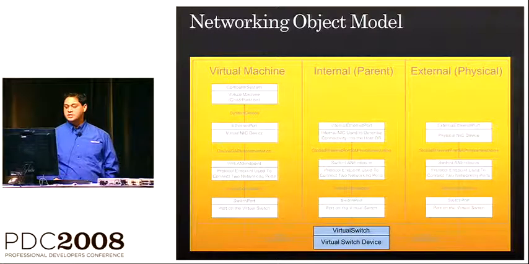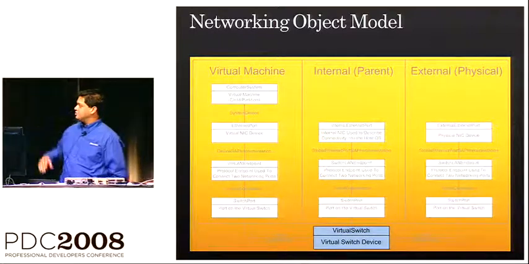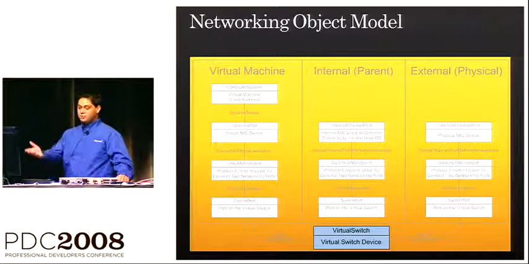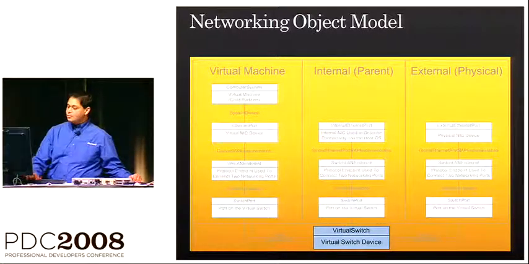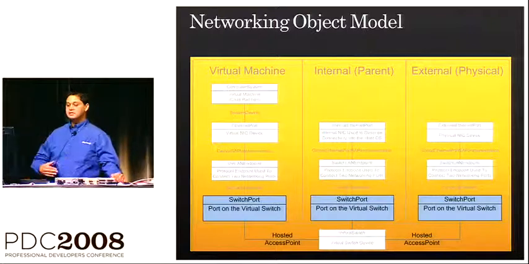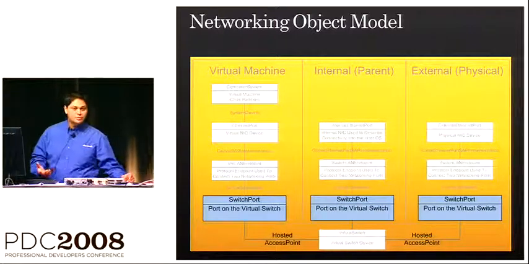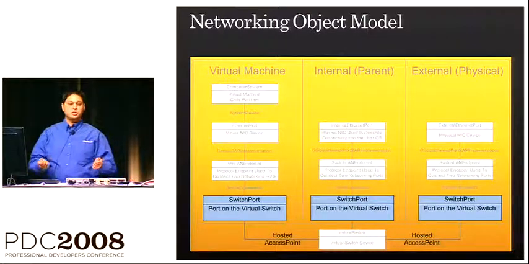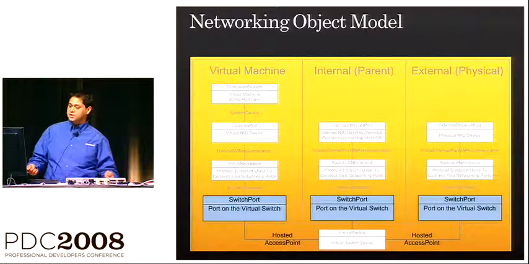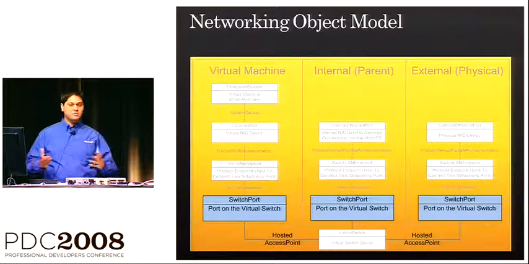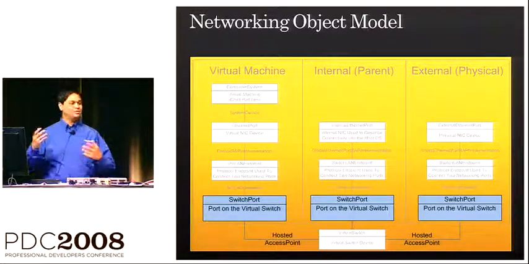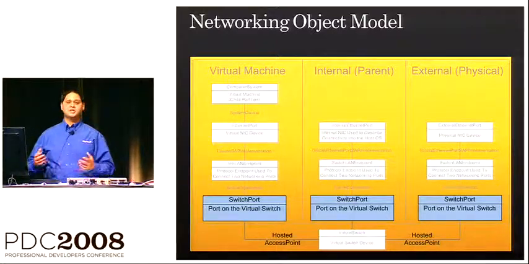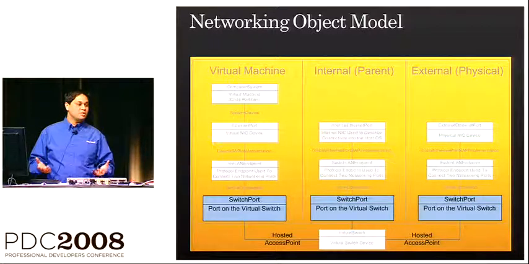So going over each of these objects in detail, the first one we've got at the bottom is the virtual switch device itself. Next, connected to the virtual switch are these switch ports. The switch ports are basically the connection points for the virtual switch. And they're completely agnostic of what type, when we talk about external, internal, virtual machine, etc., they're agnostic as to what type of device happens to be connecting into it.